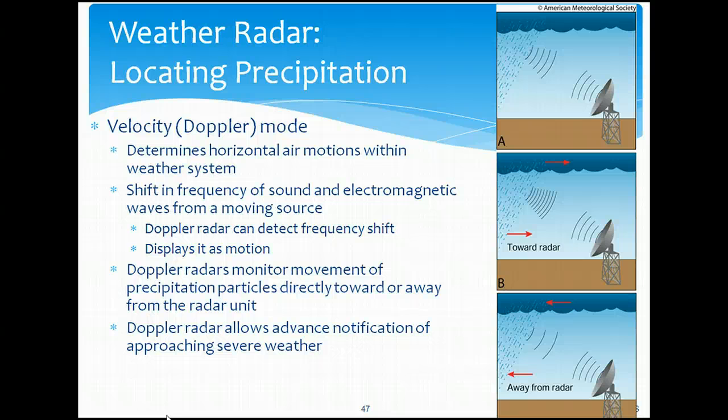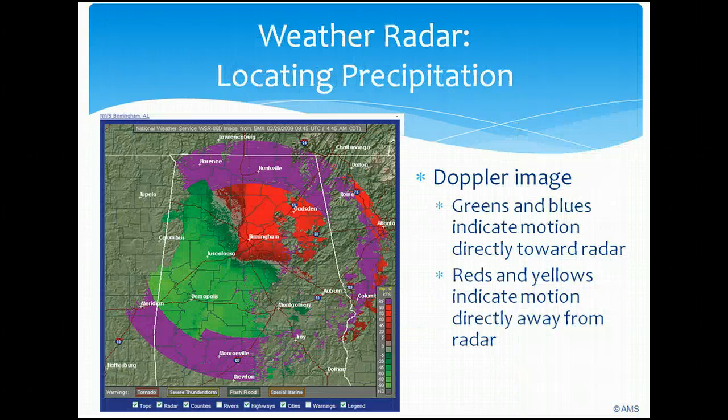And C, if the rain shower moves away from the radar, the frequency of the return echo is less than that of the emitted signal. These frequency shifts can be analyzed and information determined by the information that's received through the radar detection instrument.